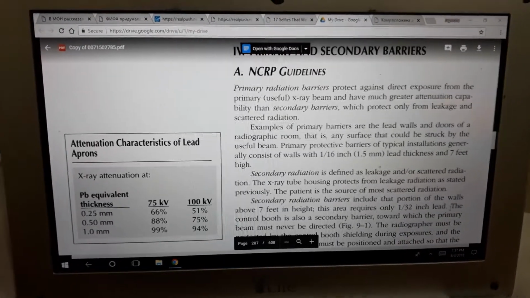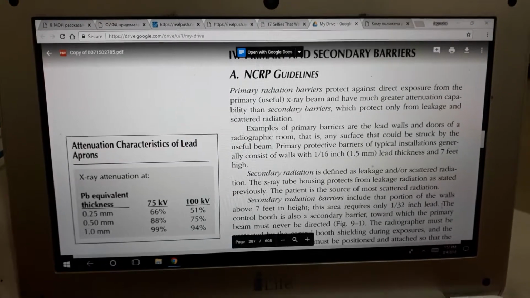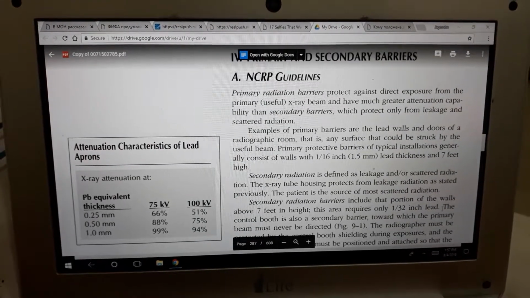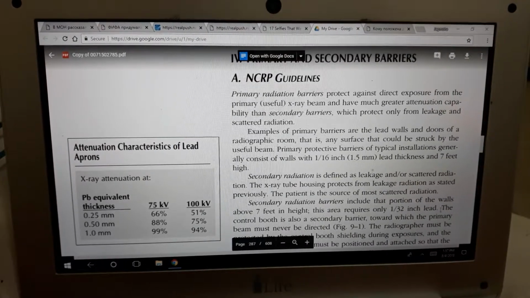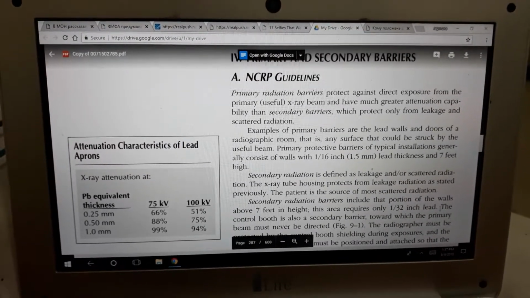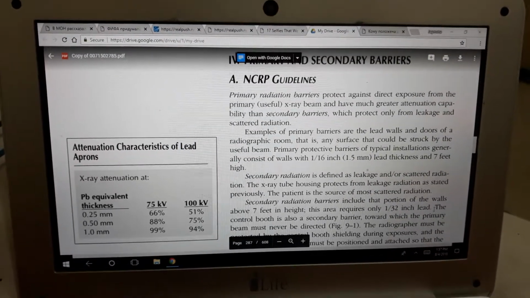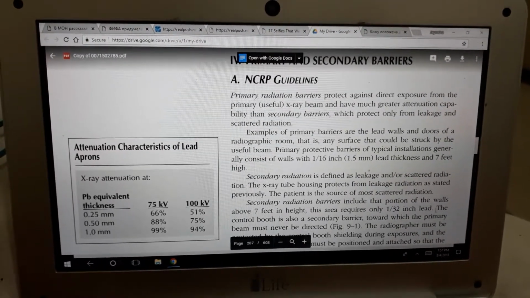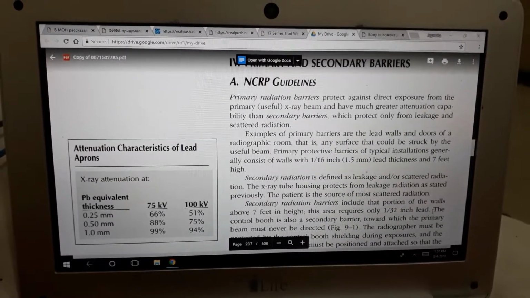The lead reference for X-ray attenuation at different lead thicknesses: at 0.25 mm, 77 kVp and 100 kVp; 2.5 mm, 60%, 51%. At 0.50 mm, 88%, 75%.